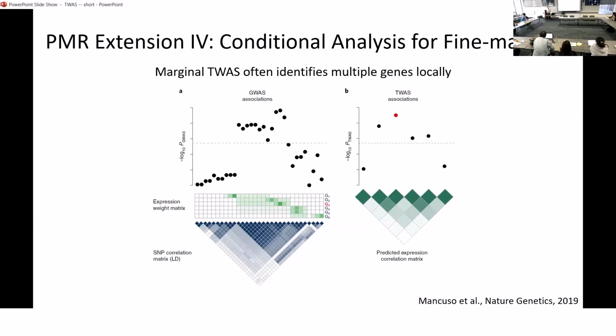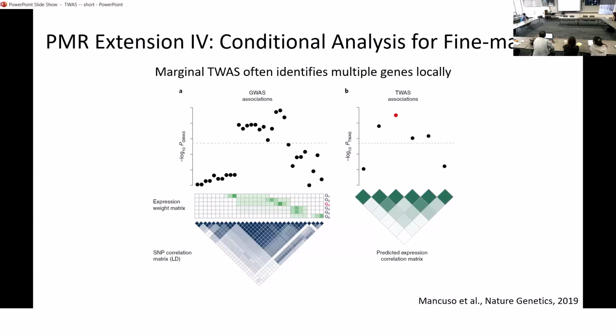Their expression correlates because they share cis regulatory components. They are in a similar region, and they probably have similar open chromatin in that local region. So therefore, the gene expression is correlated with each other. And second, they share similar cis SNPs. So therefore, their TWAS association evidence is going to be similar to each other.